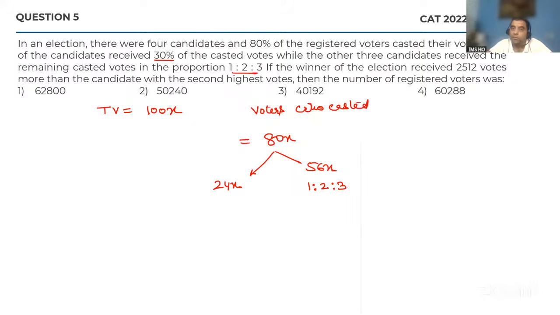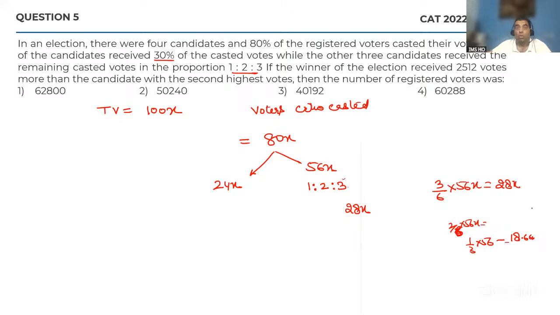And now they've mentioned the difference between the highest and the second highest. If you carefully observe, out of 1, 2, 3, the third person has got 3/6 of the total, which is nothing but 28x. Similarly, the other will get 2/6, which is 1/3 of 56x, which comes out to be 18.66x.